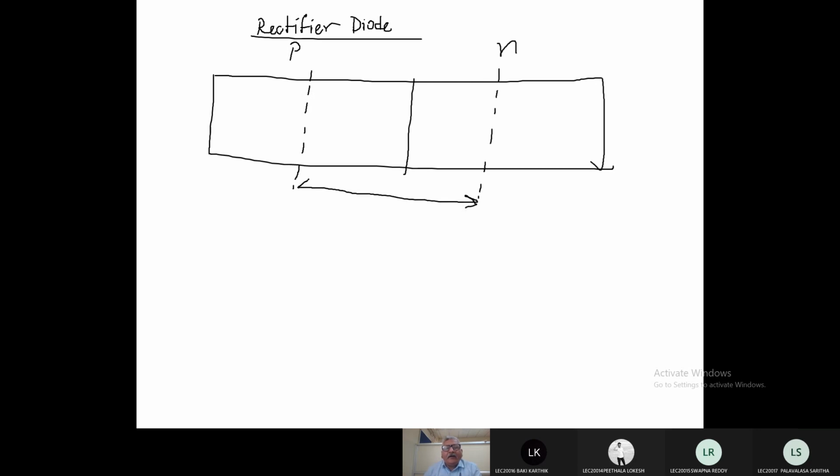It is wide here. In the depletion layer, on the P side we find immobile negative ions, and on the N side we find immobile positive ions.